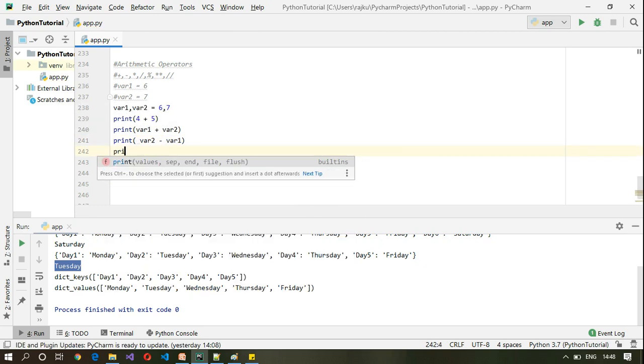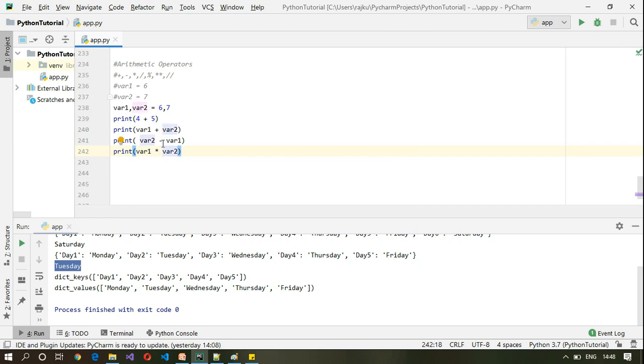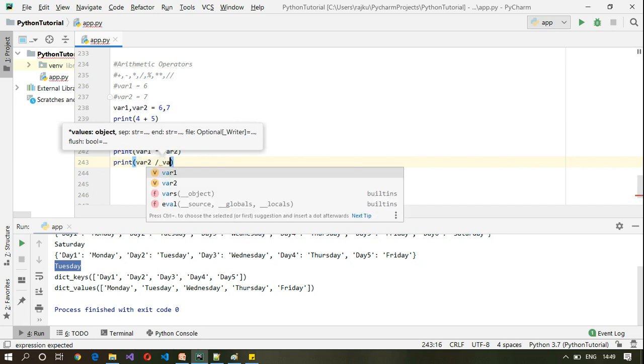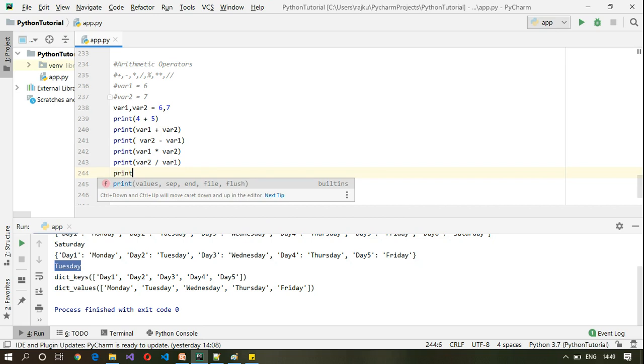We can also use multiplication, var1 multiplied by var2. So this symbol asterisk is used for multiplication. Print now division. Say for example var2 divided by var1.